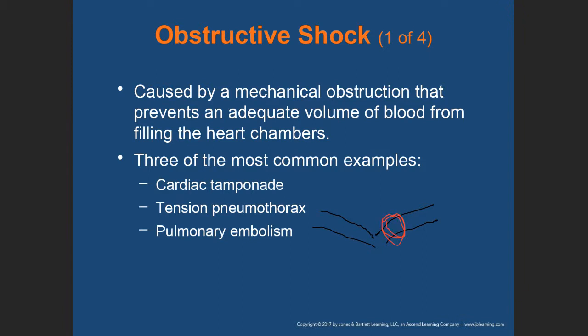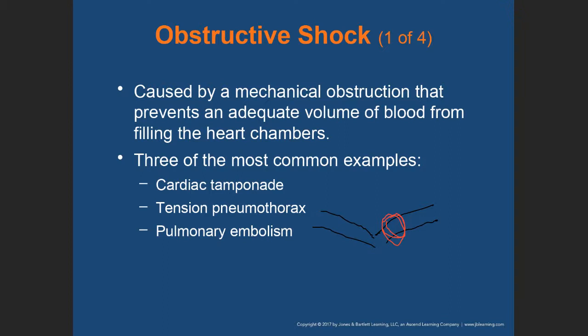So that's a pulmonary embolism. The patient now has a pulmonary embolism. So it's a clot that travels from the venous system and blocks the pulmonary artery. That's what a pulmonary embolism is.